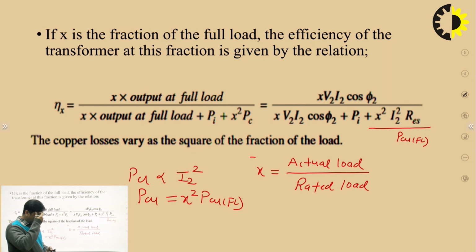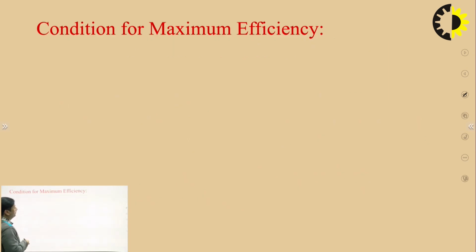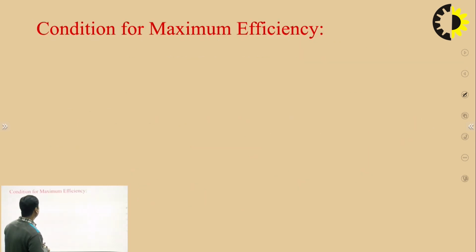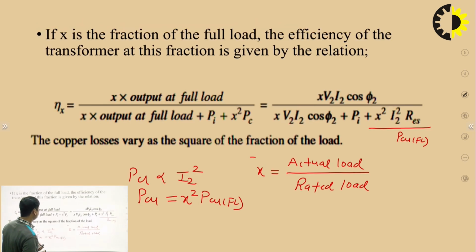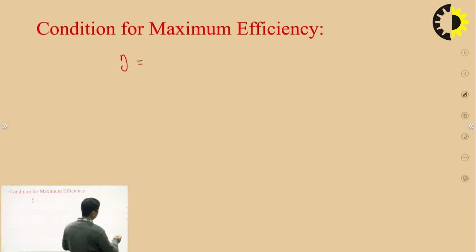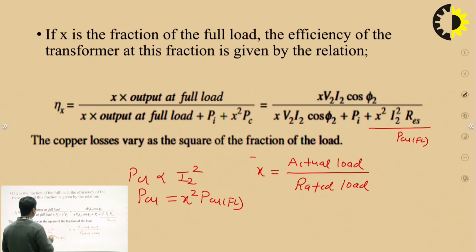Now, if someone asks you to find the condition for maximum efficiency, this means at what load the efficiency is maximum. To calculate this, suppose we have to find the efficiency. Efficiency is given by output upon input.